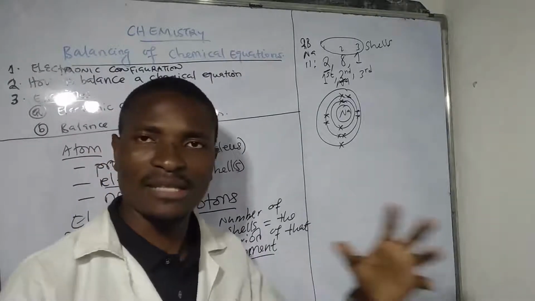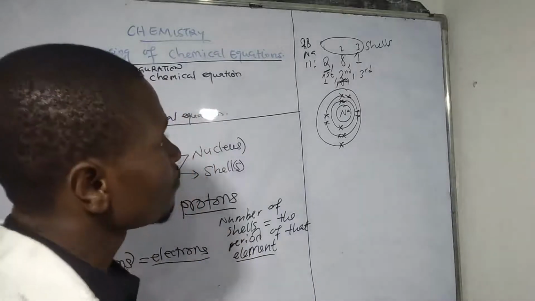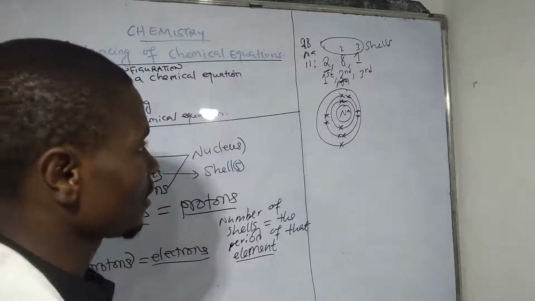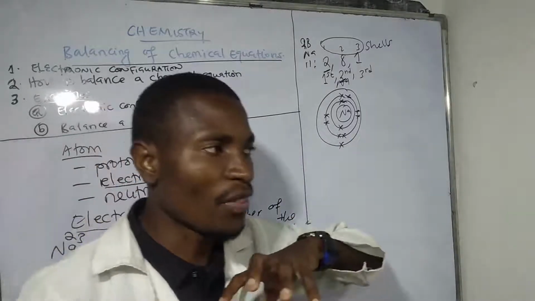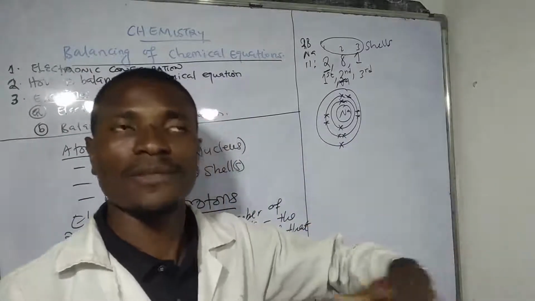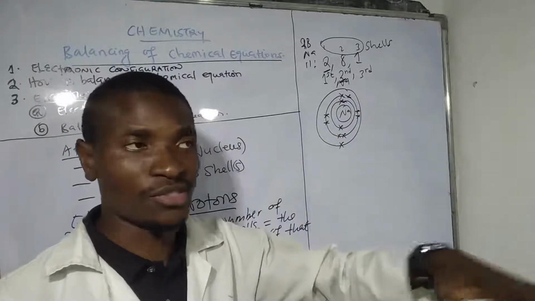So you can get other elements and then apply the same concept. Now, the number of shells, those circles, give us the information that sodium belongs to period 3 on the periodic table.